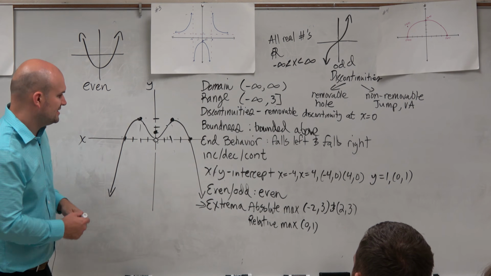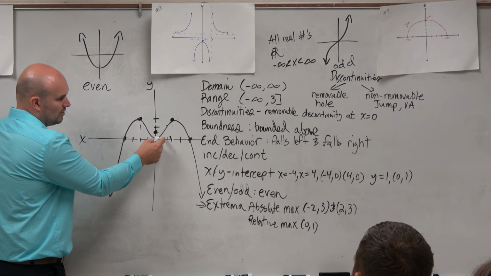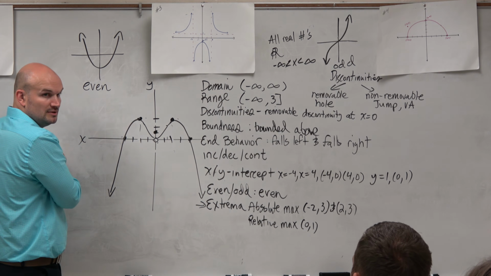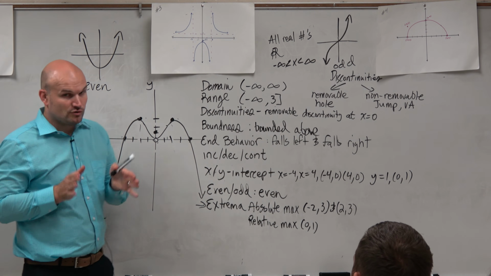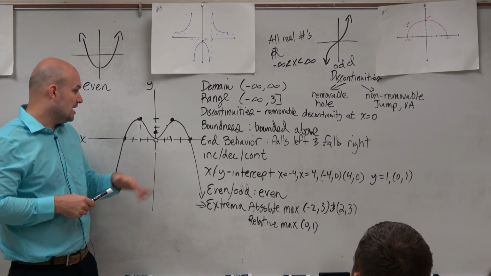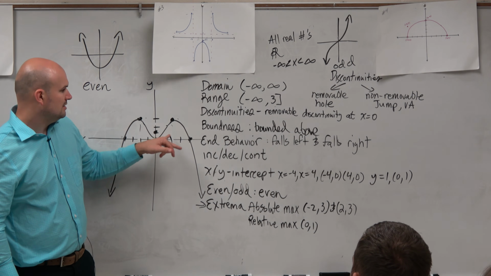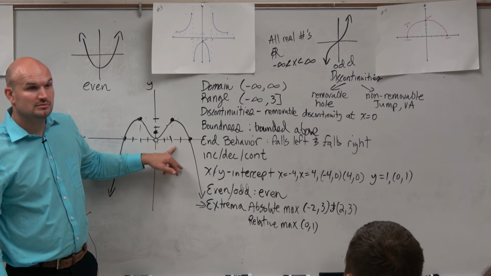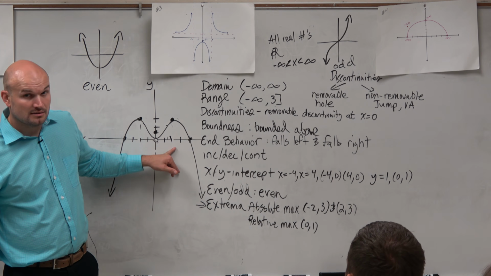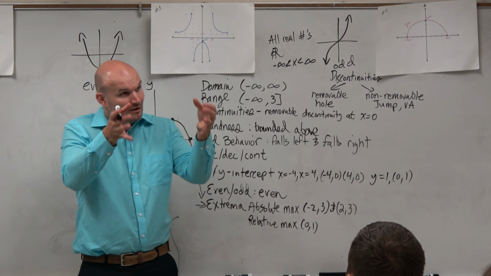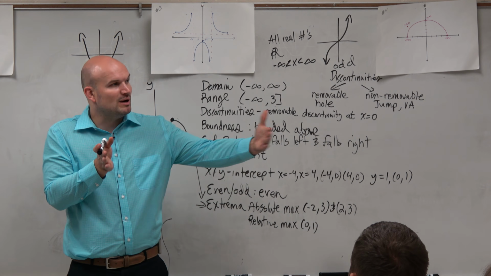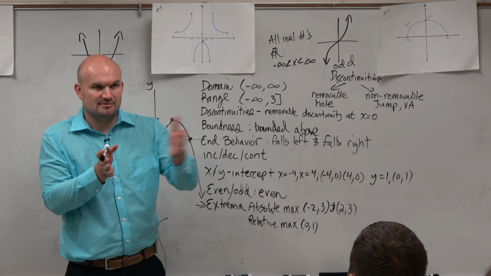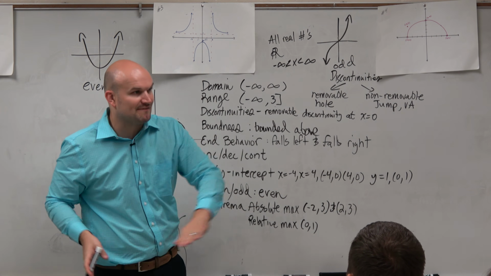So let's actually look at the interval from 0 to 2. I could say the graph is increasing from x equals 0 to x equals 2. Does that make sense? If I'm talking about location, I would want to use the x values. I'm saying from x equals 0 to x equals 2, the graph is going up.